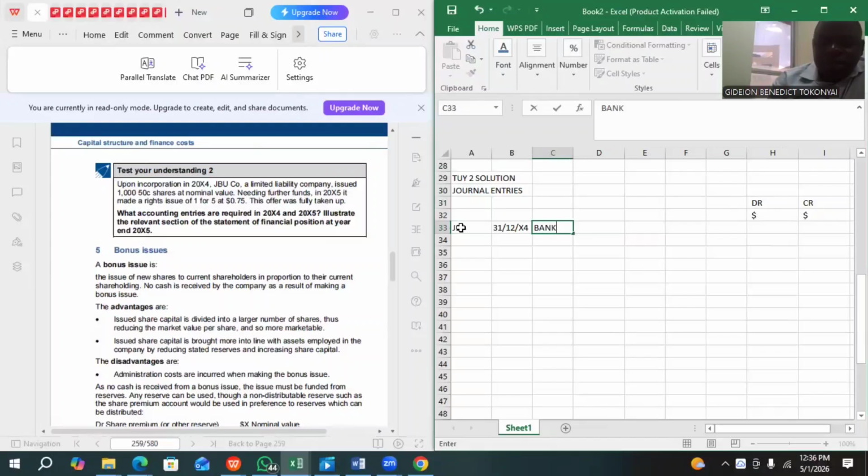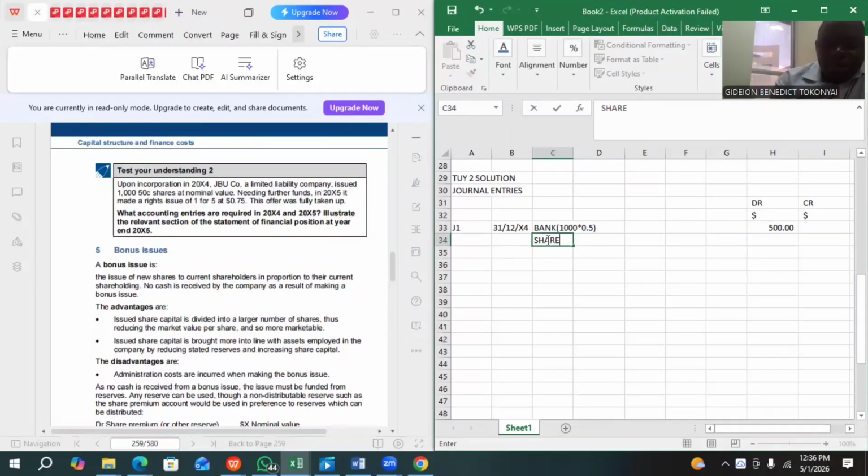For the issue of shares at nominal value, we debit the bank. We open a bracket: 1,000 shares in issue multiplied by 50 cents, being 0.5. The amount is 500.